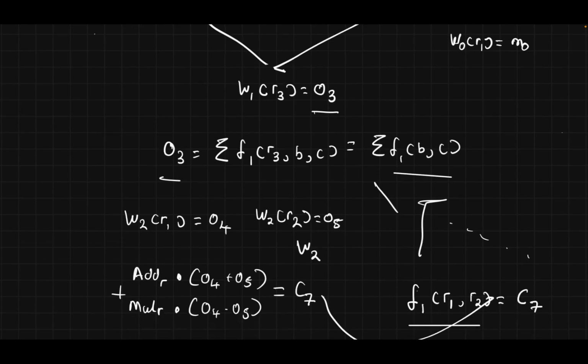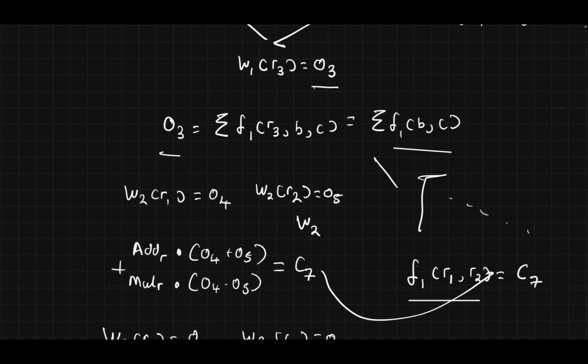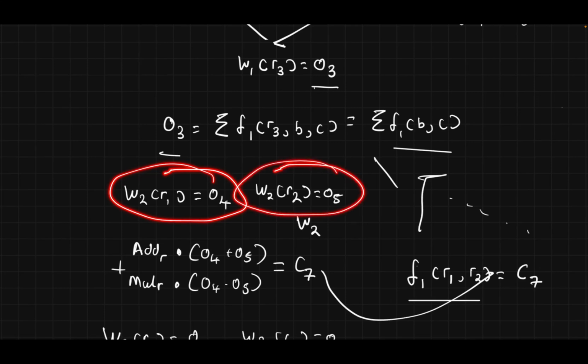And at the end of the day, we're going to get an oracle check, right? But the verifier cannot evaluate F1, because it depends on W2. Exactly. So the prover now tells you what W2 evaluated at R1 is and what W2 evaluated at R2 is.